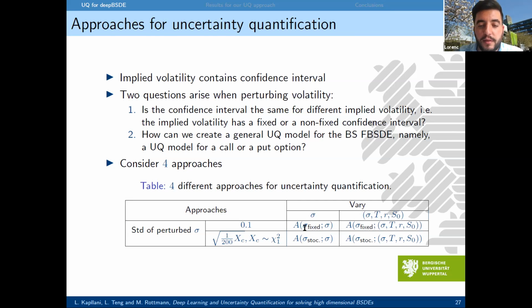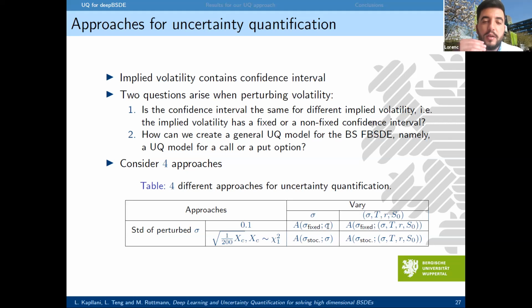And then, to answer the question of whether it can generalize or not, in these four approaches, as presented in this table, the first part represents whether the perturbation is with a fixed standard deviation or a non-fixed standard deviation, which I wrote here as stochastic. The second part represents whether we vary only the standard deviation.